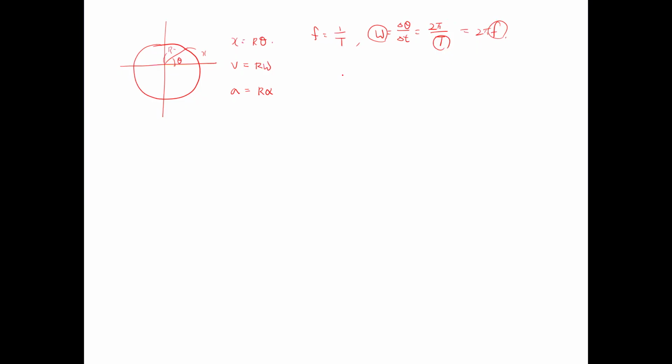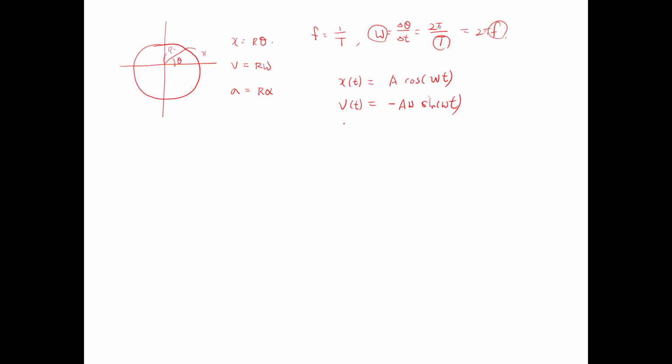We can also define simple harmonic motion, spring and circular motion as well, as x equals a cosine omega t. If we take the derivative of it, that's velocity, which is minus a omega sine omega t.